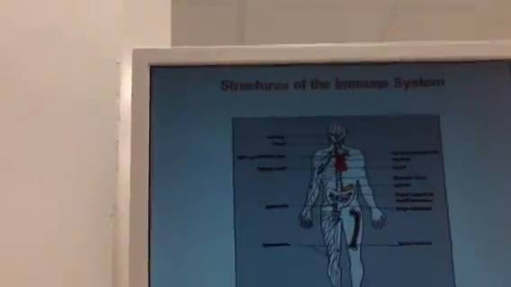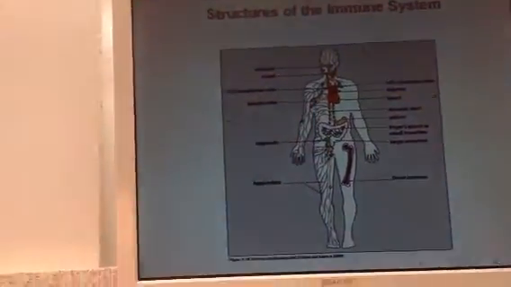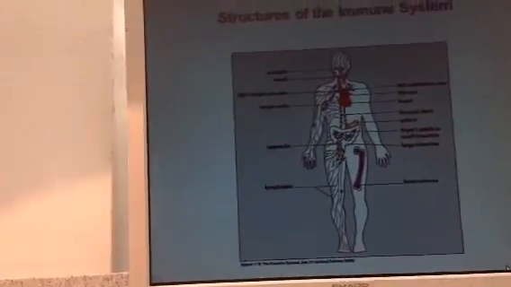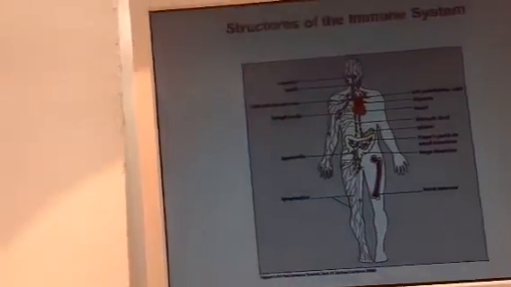Shall we go? All the slides that I'm going to talk to you about here, you've seen before. You have copies of it. We started off, we talked about the structures of the immune system. We talked about the flow of the lymphatics up to the lymph nodes. You have more lymph nodes in areas where there are mucosal surfaces. All the lymphocytes come from the bone marrow. The B cells mature in the bone marrow.